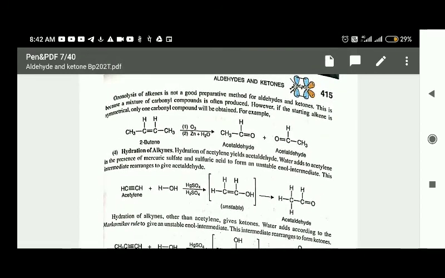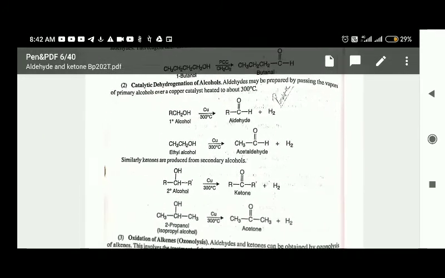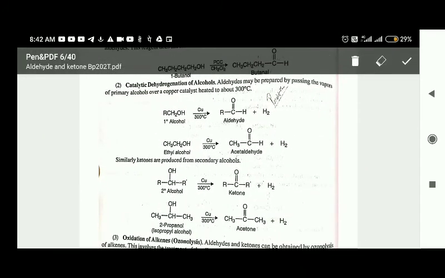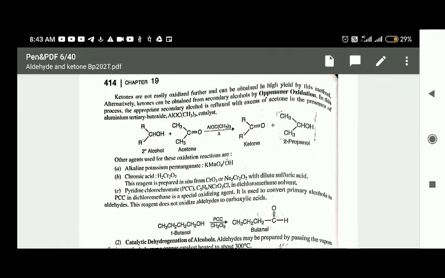And ozonolysis of your alkene gives, so if you break it at the double bond, you can predict what might be the product. So you understand this, it is easier. So catalytic reduction of your alcohol, what is formed? Aldehyde is formed. This I have told you, primary alcohol. If it is the secondary alcohol, then ketone is formed, I told you this also. Next, oxidizing agent. What is your Oppenauer oxidation? So Oppenauer oxidation is your, I said to you, aluminum tertiary butoxide.